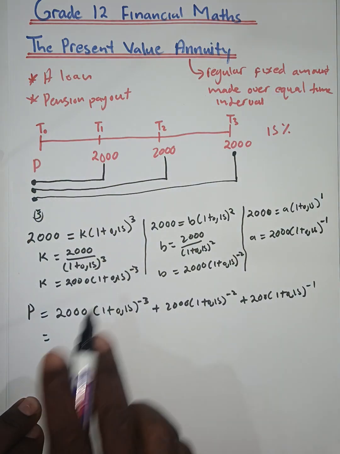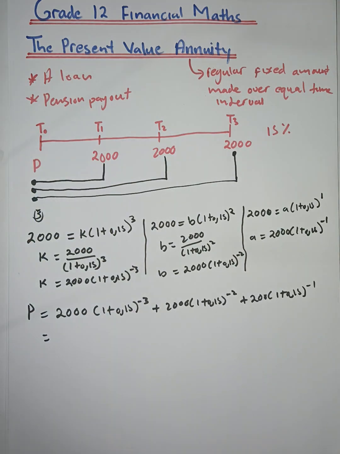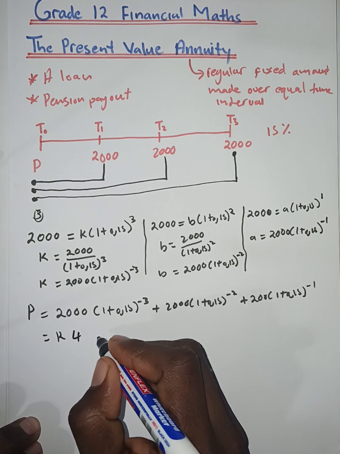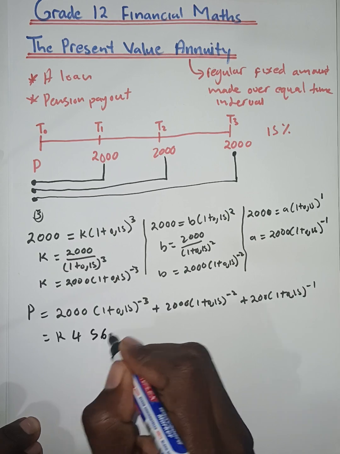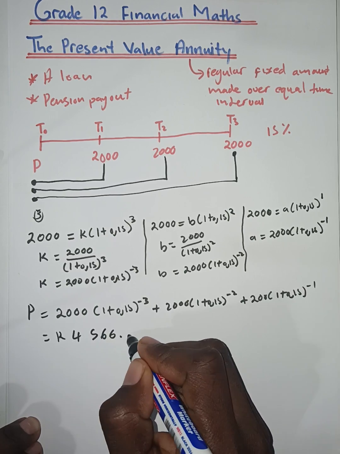If you put all of those amounts in your calculator, what you're going to get is 4,566 rand and 45 cents.